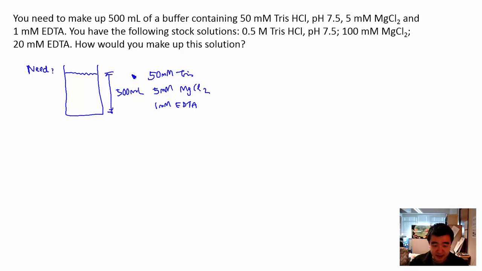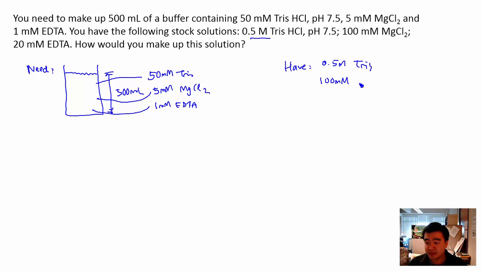So in this buffer, there needs to be that concentration of these three different species. Currently available to us, we have these stock solutions: 0.5 molar Tris, 100 millimolar magnesium chloride, and 20 millimolar EDTA.